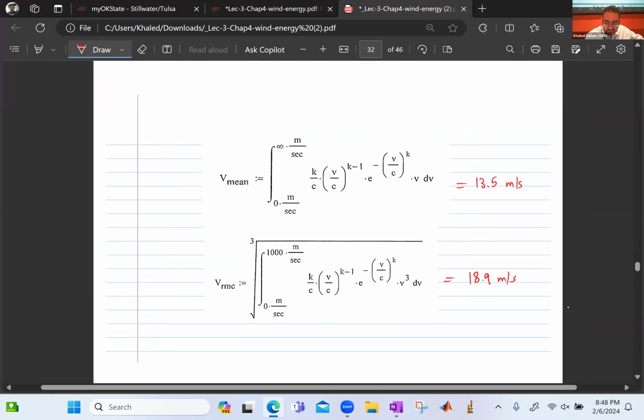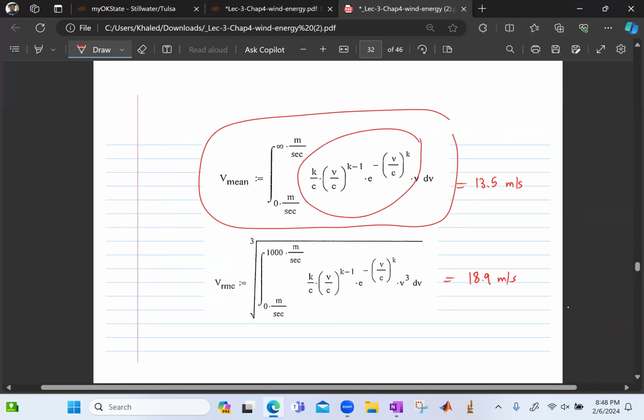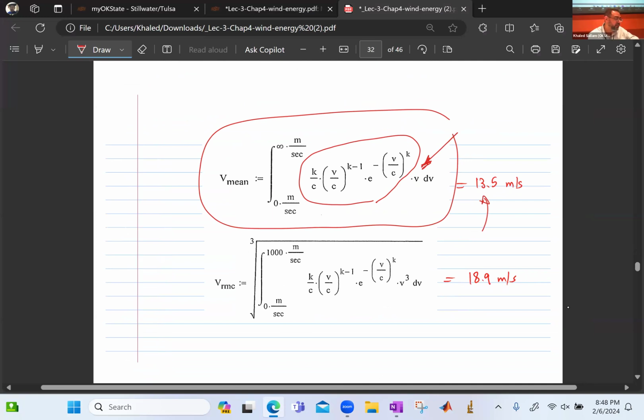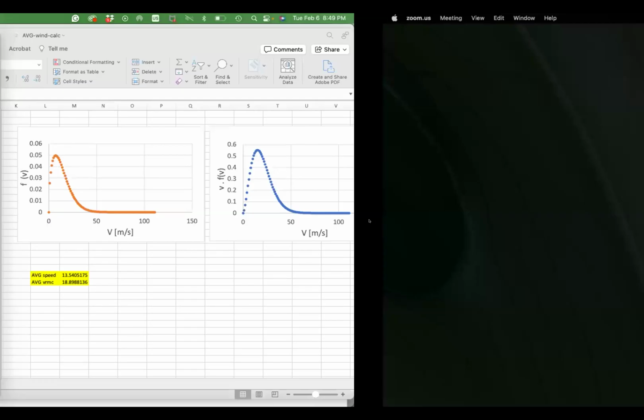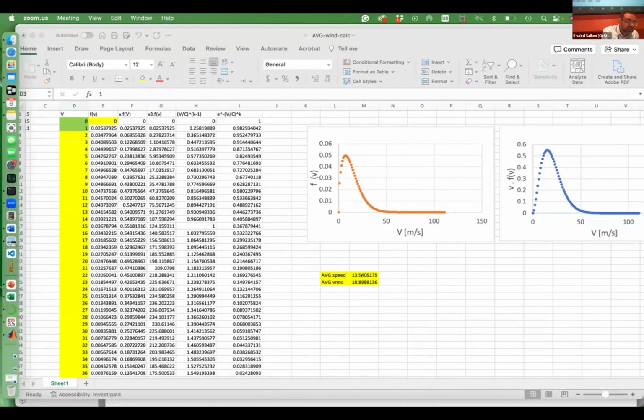In this example that we'll solve in a minute, here is the distribution, and he is multiplying it by V and integrating, and he gets 13.5. So with that Excel, you get 13.5.